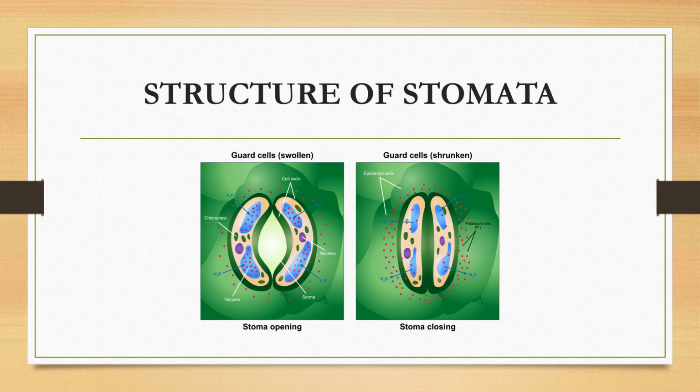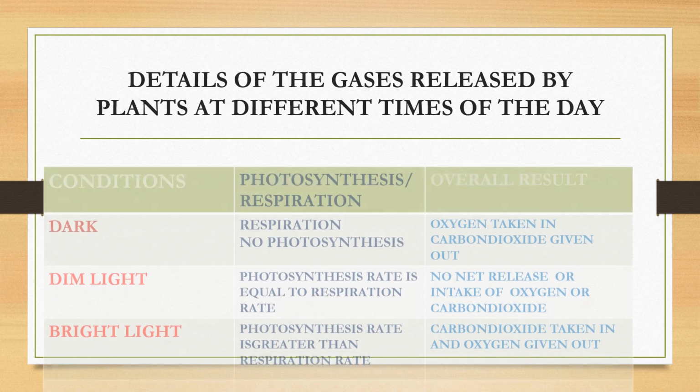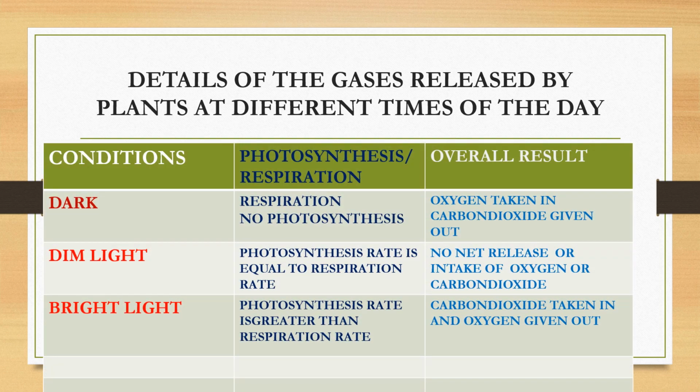Now move on to the next slide, the table showing the details of the gases released by plants at different times of the day. The first condition is the dark condition. What is dark condition? At night. At night, only respiration takes place. There is no photosynthesis.